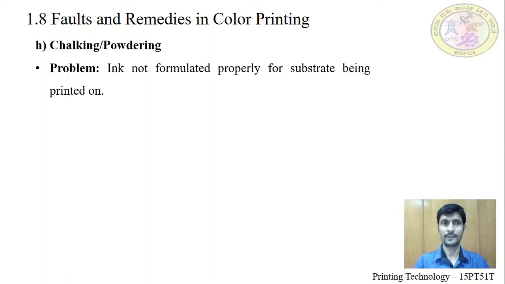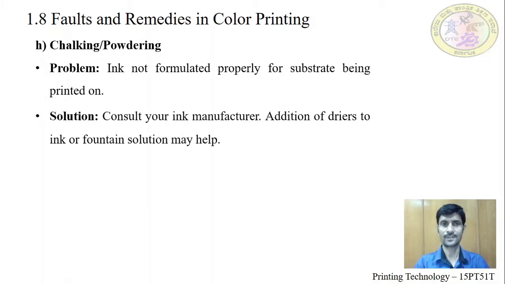The ink is not adhering properly onto the substrate, or the ink formula is wrong, with wrong tackiness or viscosity. Then we have to consult the ink manufacturer, and additions of dryer have to be used. If drying formulations are more, then we have to reduce them in the ink or dampening solution.